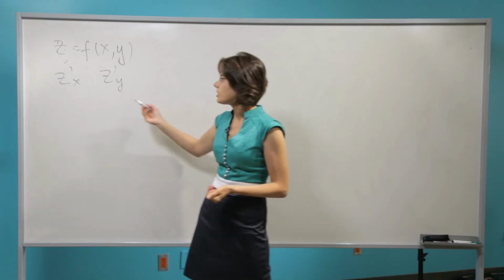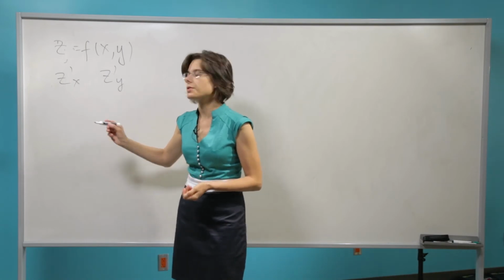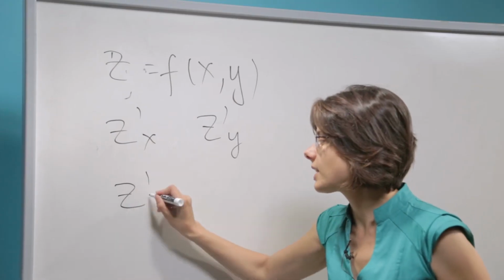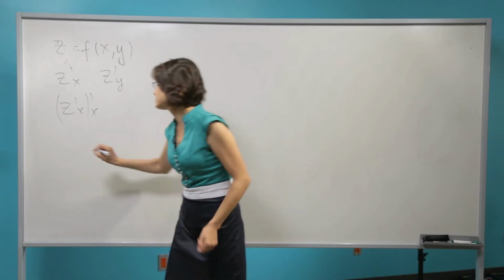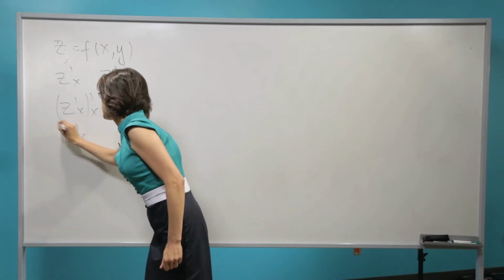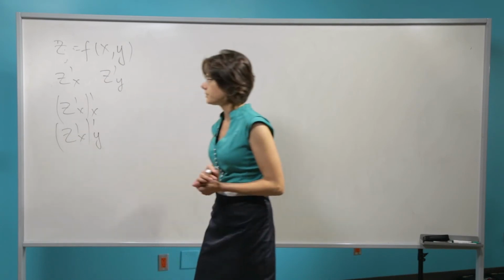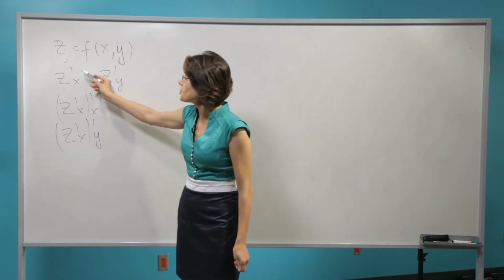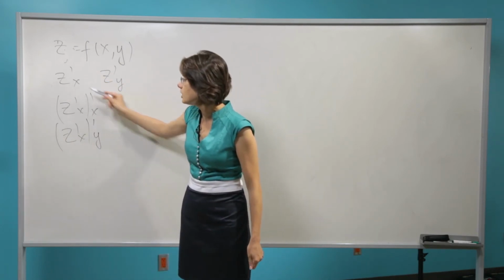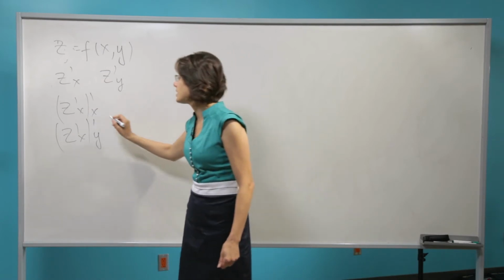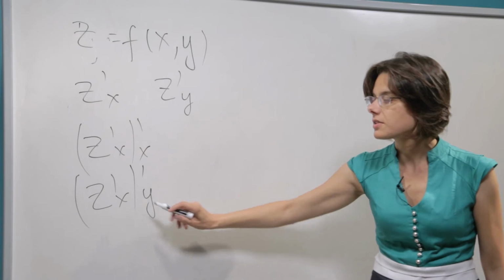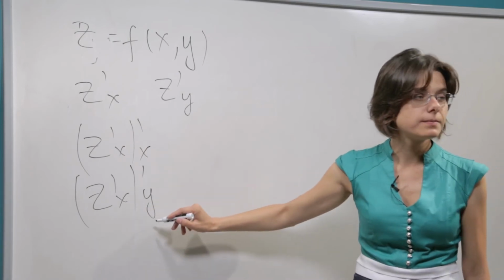But in order to differentiate it a second time, again, we have two choices. We can differentiate a second time over x variable, and we can differentiate a second time over y variable. So when we have the first derivative over x variable, we can differentiate it 2 more times over x and y variable to obtain the second derivative over xx and the second derivative over xy.